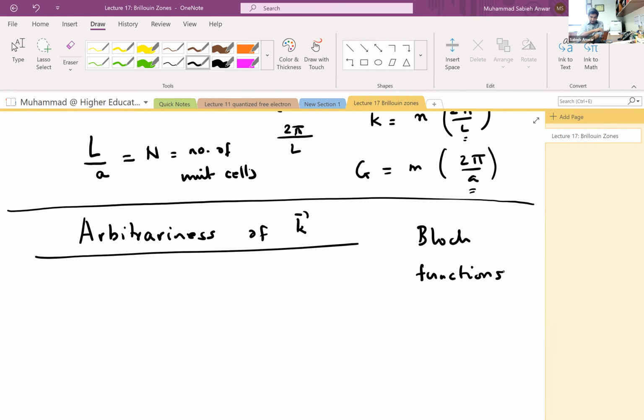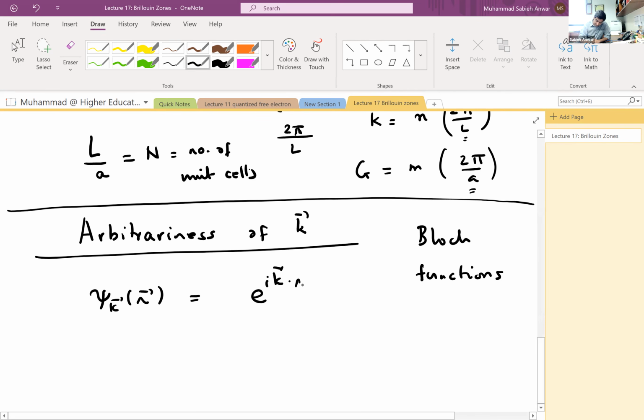And how do I do that? So I look at the Bloch function psi_k as a function of r, e^{ik} dotted with r, u_k(r). Please excuse me if I forget to put the arrow sign over K all the time, but assume it's always there. It's a three-dimensional vector. All right. But we also know that u_k(r) is a periodic function.